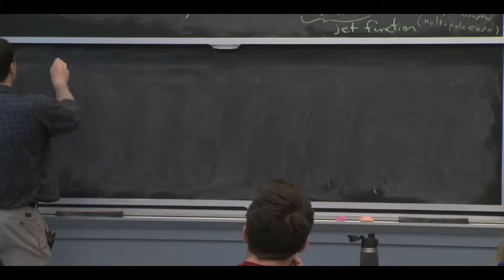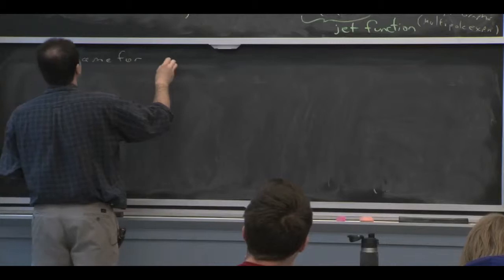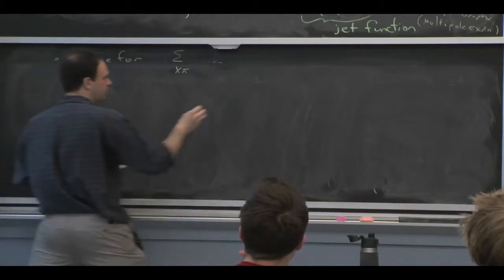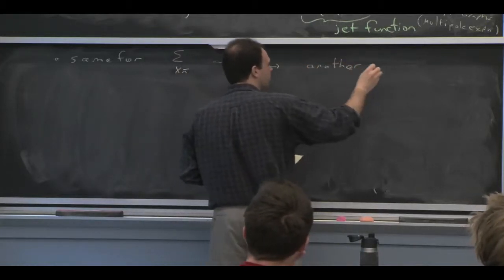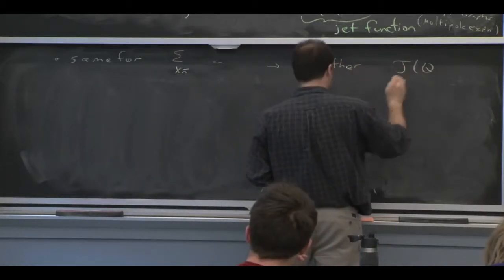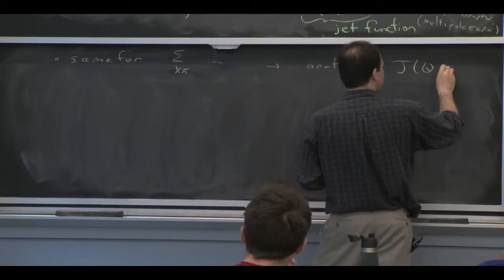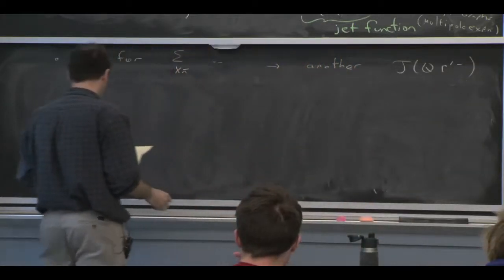We do the same thing for the case with the sum over x n bar, and it gives us another jet function. And by charge conjugation, it's the same jet function. Okay, but in this case, it would be q of some r prime minus some other momentum.